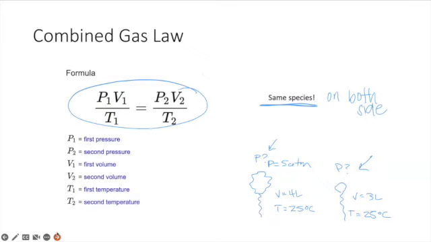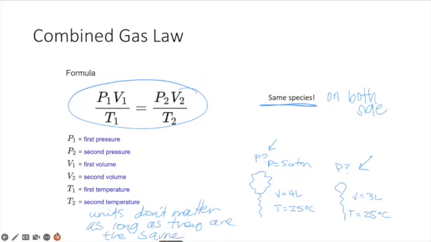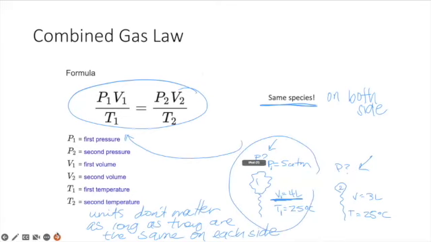So with this formula, units don't matter as long as they're the same on each side. So let's call this balloon 1 and this balloon 2. This would be my pressure 1, my volume 1, and my temperature 1, all being plugged in on this side of the equation.